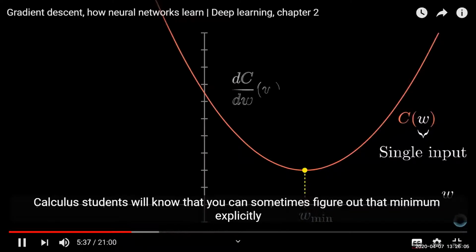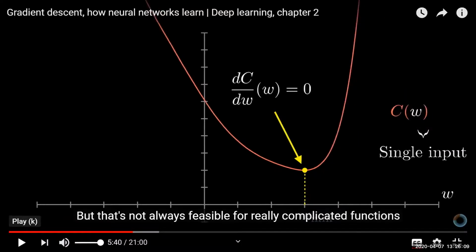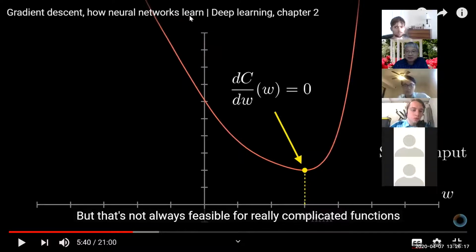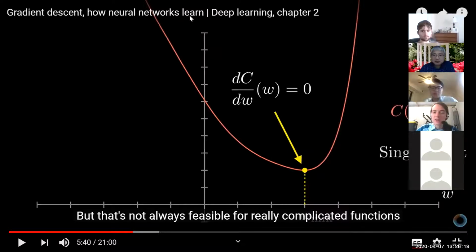Calculus students will know that you can sometimes figure out that minimum explicitly, but here they go into talking about gradient descent. Are you guys all familiar with gradient descent? I am. Yeah. So it's basically, say you take a slope and then you just go down along the direction where it has a steep slope.